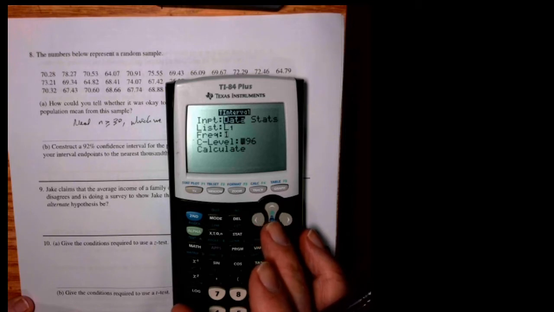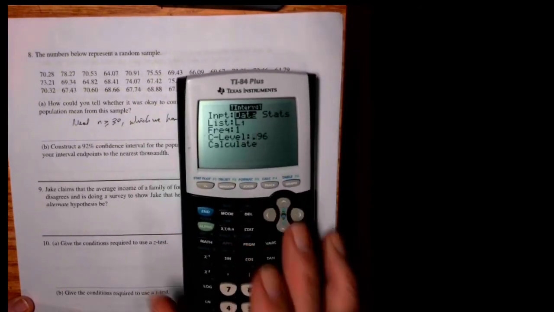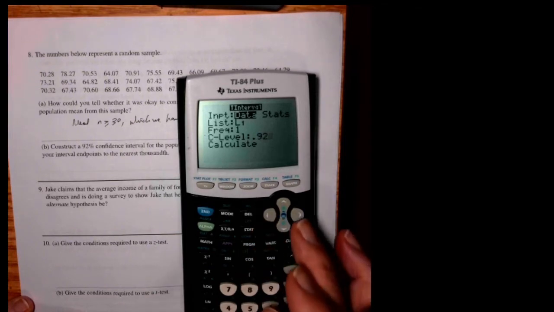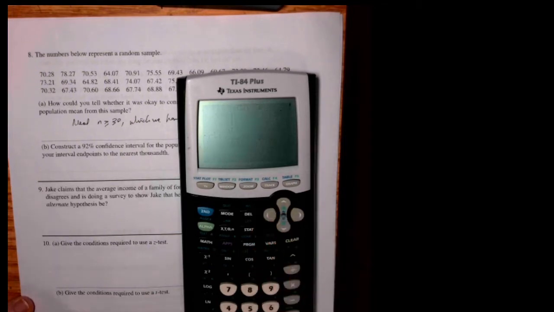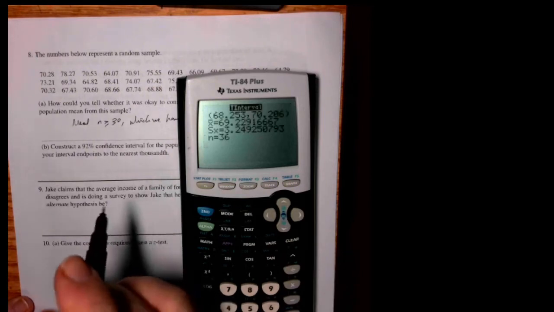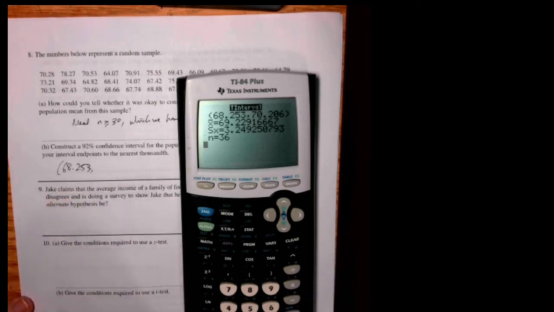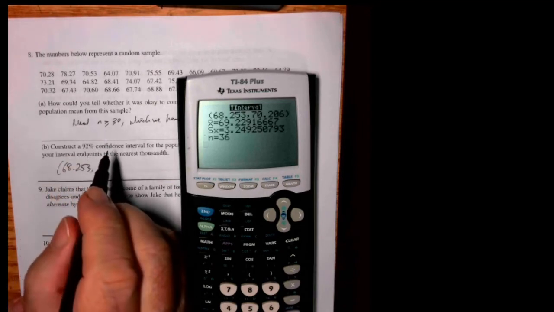Freq here should be 1. Don't touch that. Confidence level. What confidence level are we supposed to do? 92%. So I'll put in 0.92 here. Right. 0.92. And then just go down to calculate. And in a few seconds, Bob will be my uncle. 68.253 and 70.206.